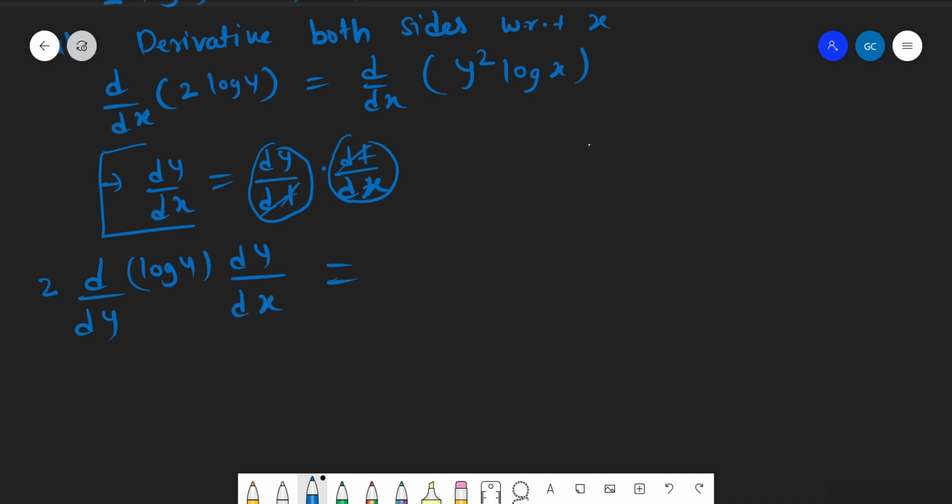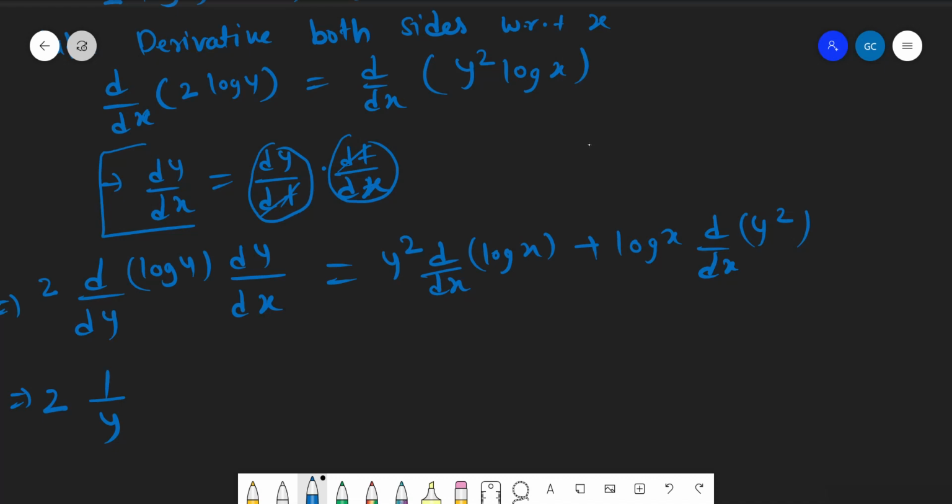Now for the next part, here we will apply the chain rule. It is simple: the first function times the derivative of the second function, plus the second function times the derivative of the first function. So it will be 2 times log of y, which becomes 1 by y.